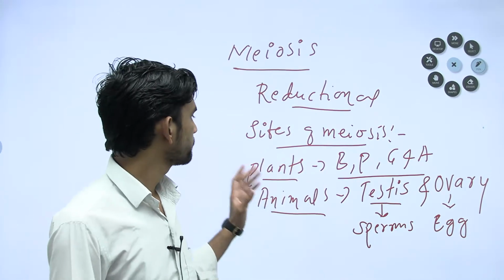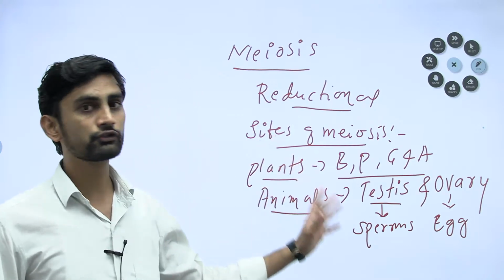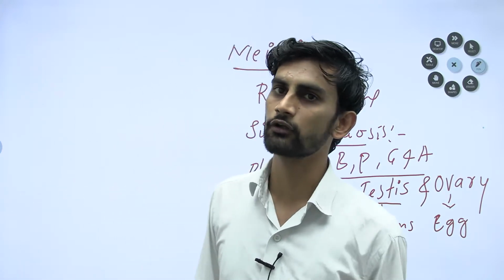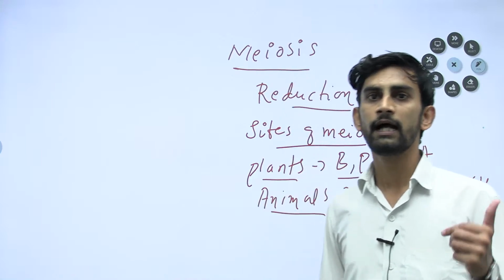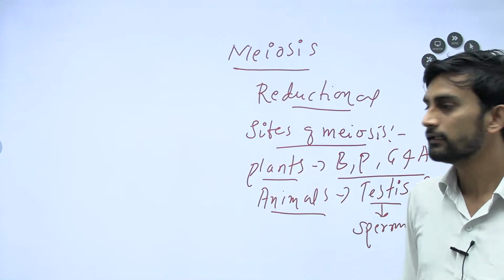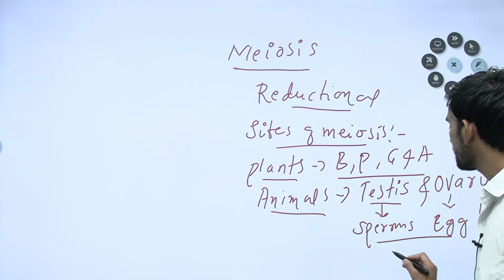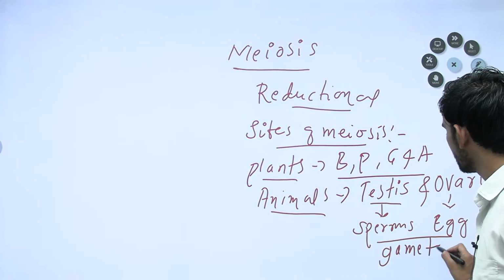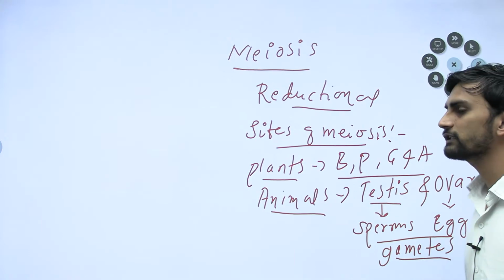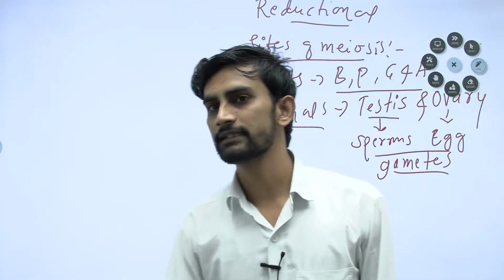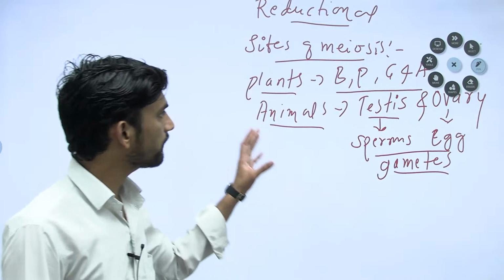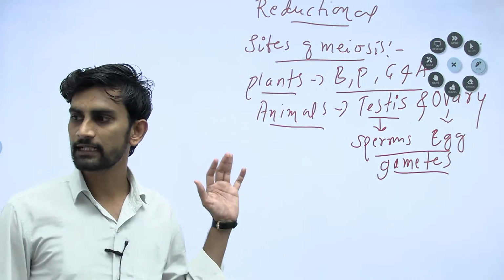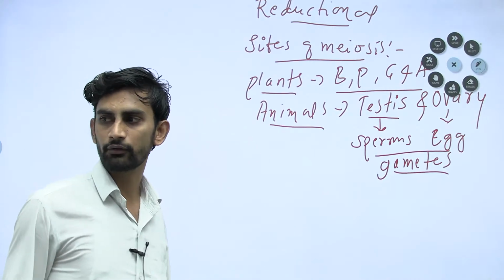So this is in animals: gamete formation. The male gamete is called sperm and the female gamete is called egg. Together this is gamete formation in females as well as males, by undergoing meiotic cell division. These are all related to exactly where we find meiotic cell division.